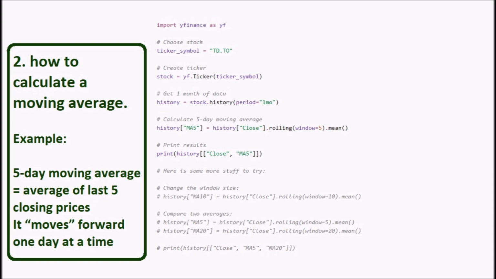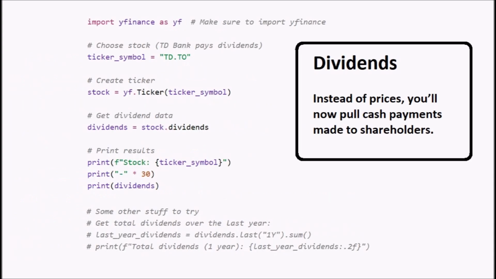Line 16, print history[['Close','MA5']]. Prints the close prices and the moving average side by side. Overall summary. This code retrieves 1 month of stock data, calculates the 5-day moving average of the closing prices, and prints both the daily closing prices and the average. It's a simple way to perform basic technical analysis using Python and yfinance.